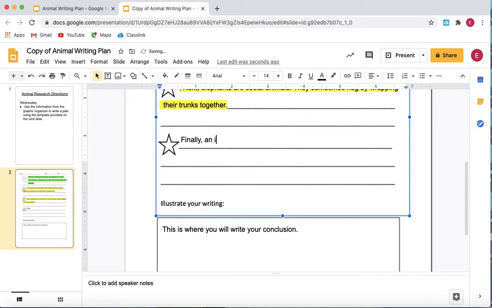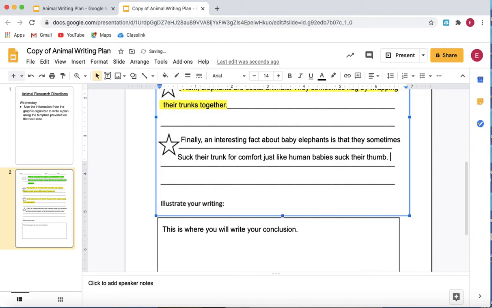Maybe an interesting fact about baby elephants is that they sometimes suck their trunk for comfort, just like human babies suck their thumb.